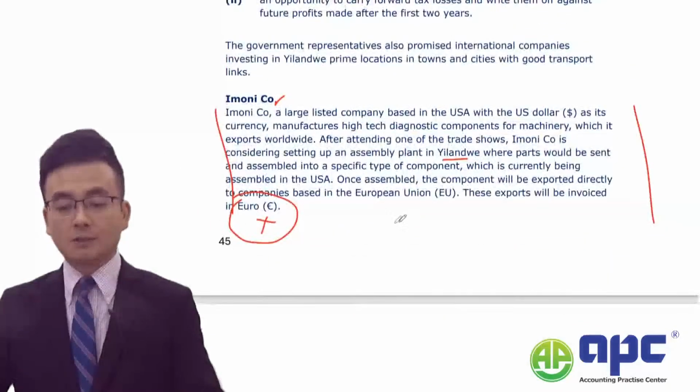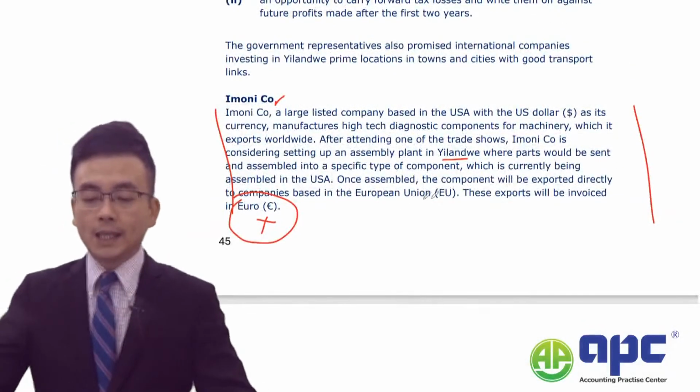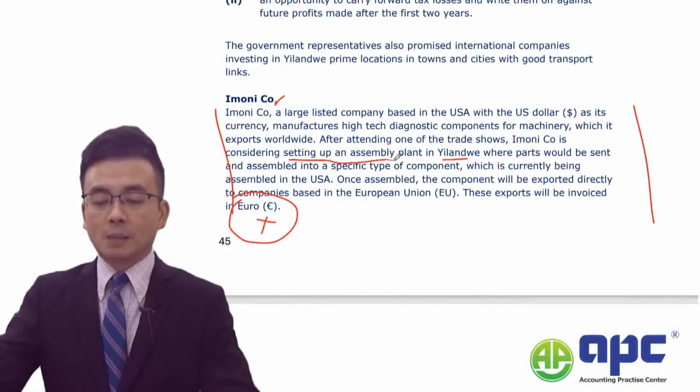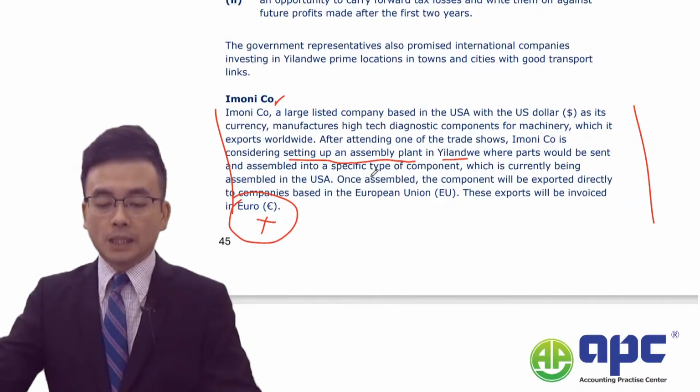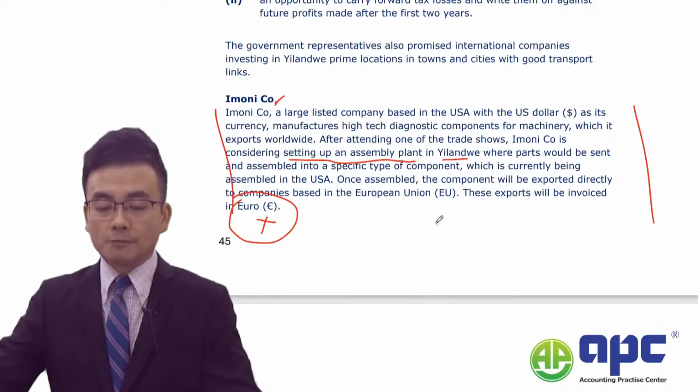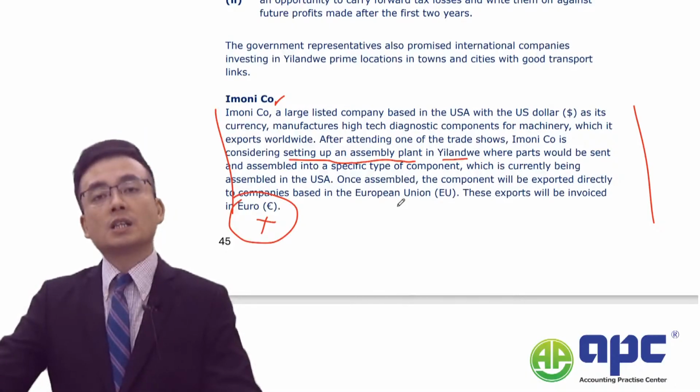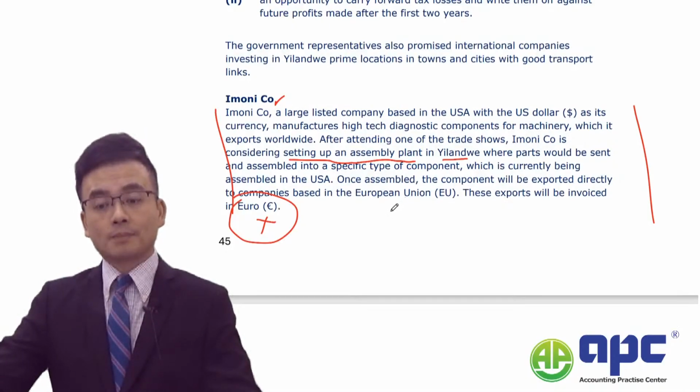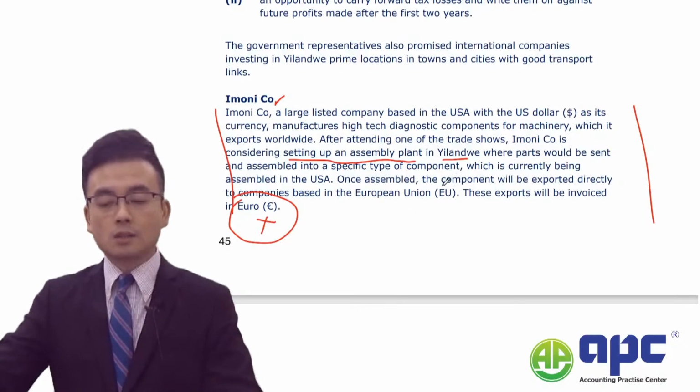Now, what that means, if you go back to what we're currently doing, is that we are considering setting up an assembly plant in New Lansbury, and then we send to the companies that are being assembled in the USA, but the components will be exported directly to companies based in the EU, and we will be receiving the royalties in the foreign country's currency, which means YR.